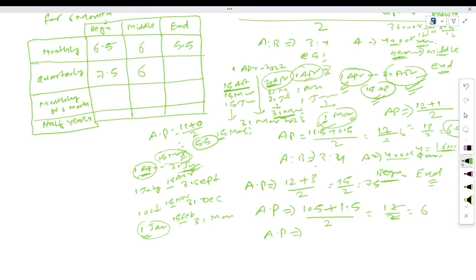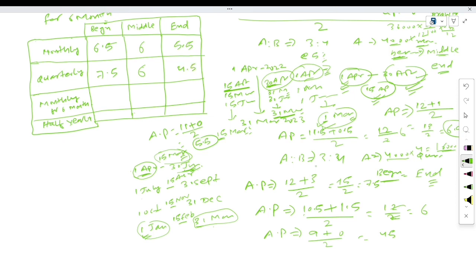It means how many months will be left here? You just deduct 3 months from 12 months, it means 9 months will be here. And months left after last drawing, the last drawing would happen on 31st March, it means nothing, 0 months will be here. 9 upon 2, so this would be the average period, 4.5.